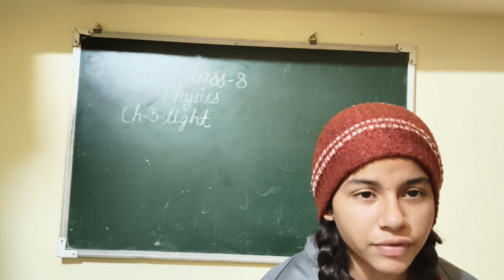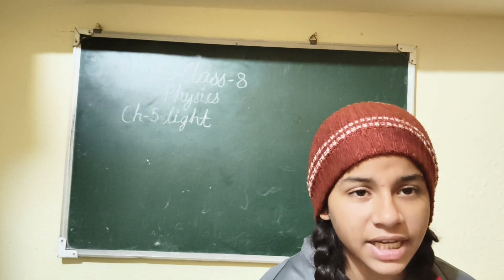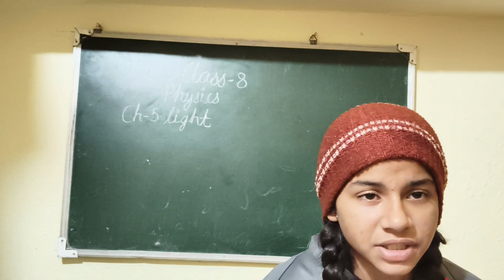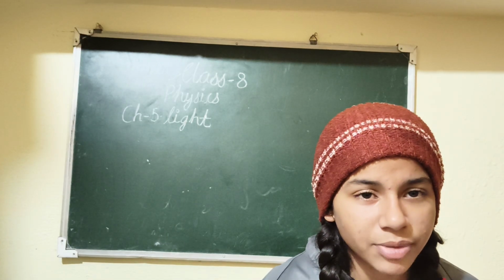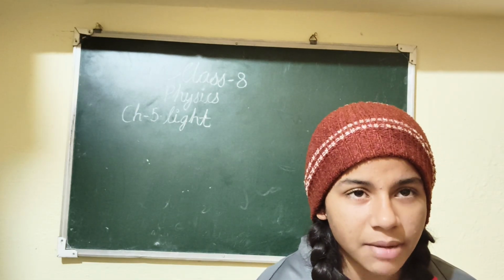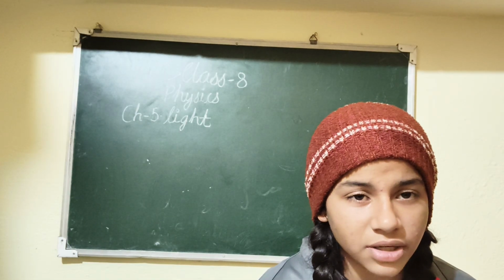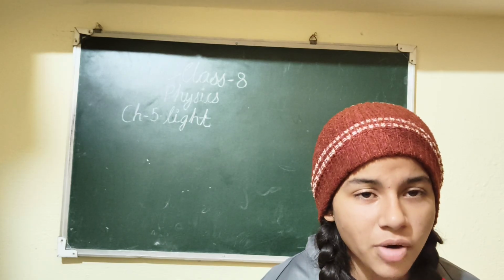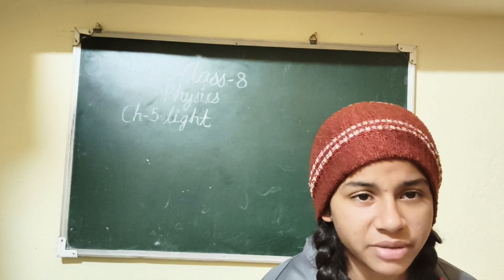Also, some convex mirrors have slightly curved surfaces, which are also known as spherical mirrors. So whenever the light ray passes through the focus or center of curvature, it is reflected toward the principal axis.